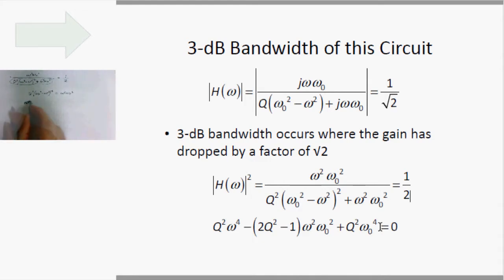If you're interested in the derivation, have a look at the short introductions. What's important is the result. And the result is that the difference between those two frequencies, the delta omega, the difference between the two frequencies at which it's dropped by 3 dB, is equal to Q divided by omega naught.